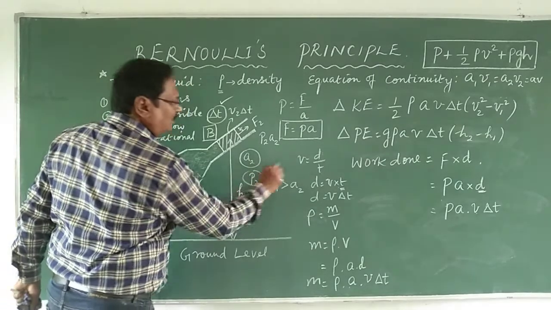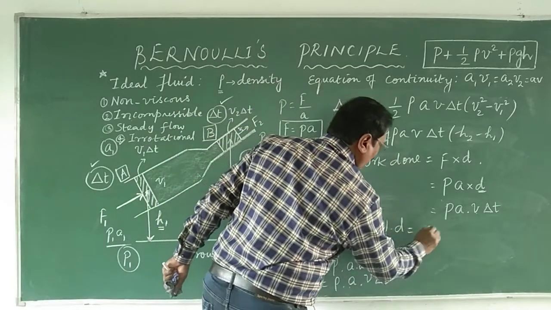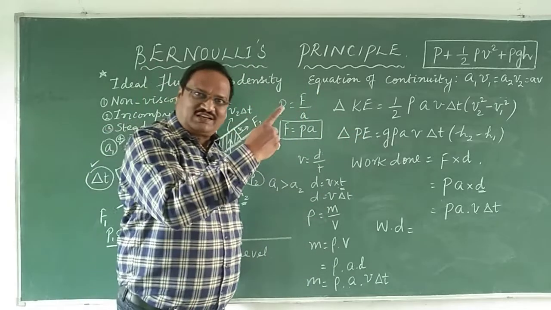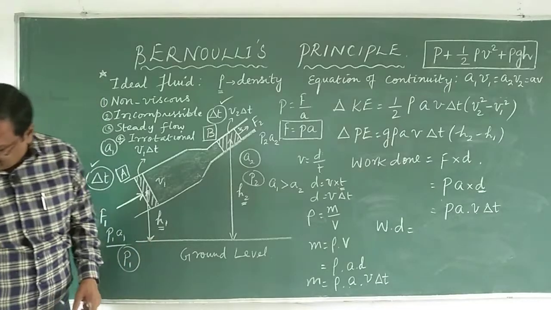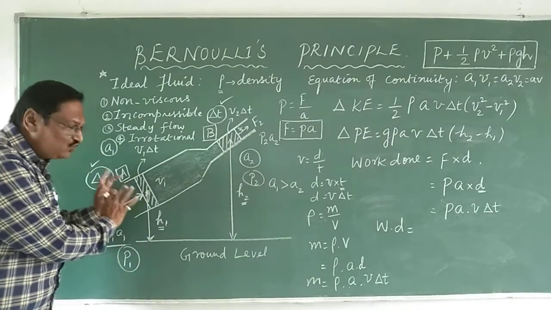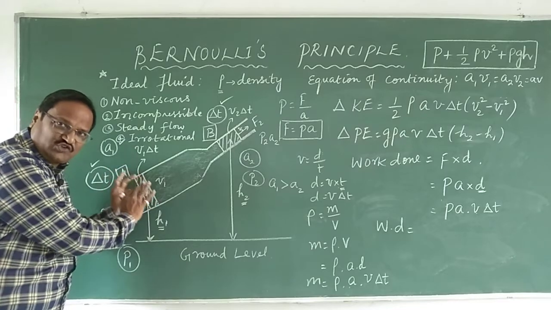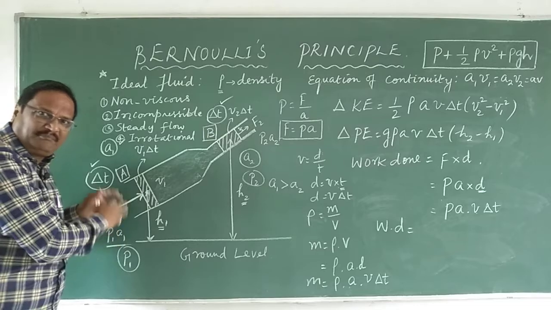So, we have to make the work done is equal to difference in pressure. Where initially the pressure is more here. See, the pressure is more here. That is why the water is going upward. The pressure is more here, the force is more here. If not, the water will come down due to the gravity.